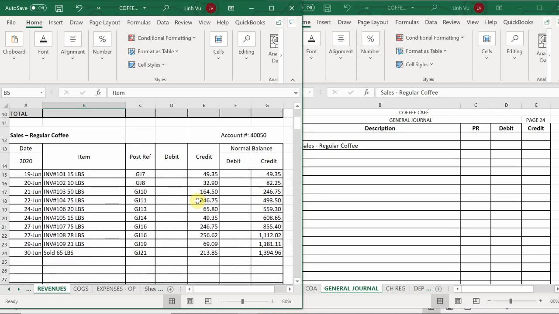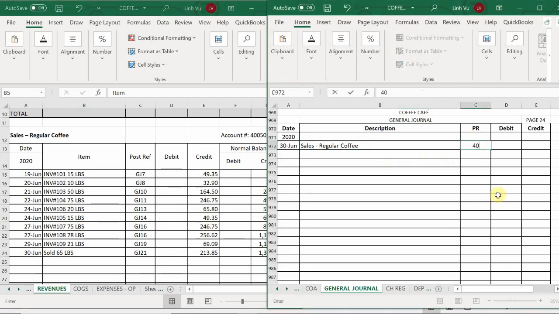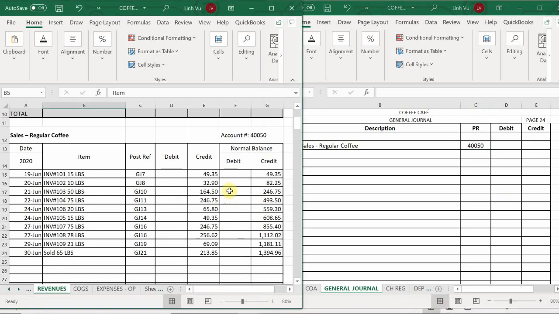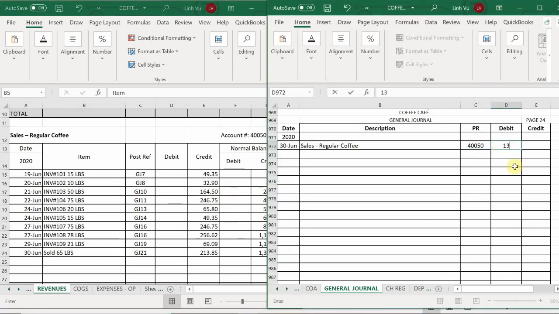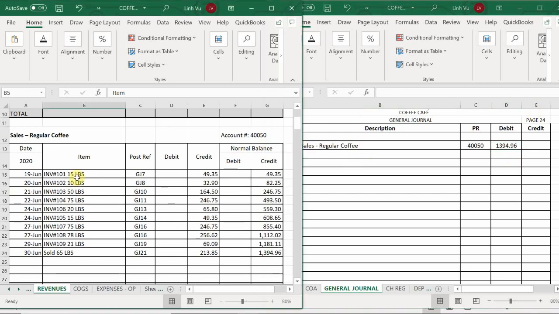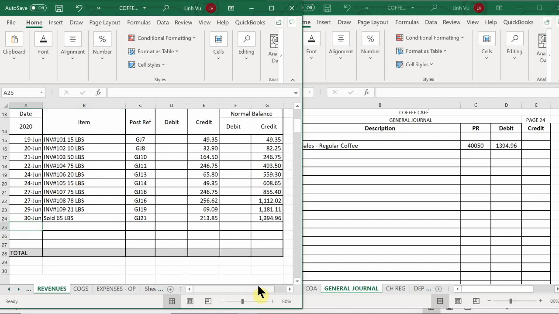So sales for my regular coffee is account number 450, and I'm going to debit the amount of $13.94.96. Since I've journalized this, I'm going to go ahead and update my ledger at the same time.